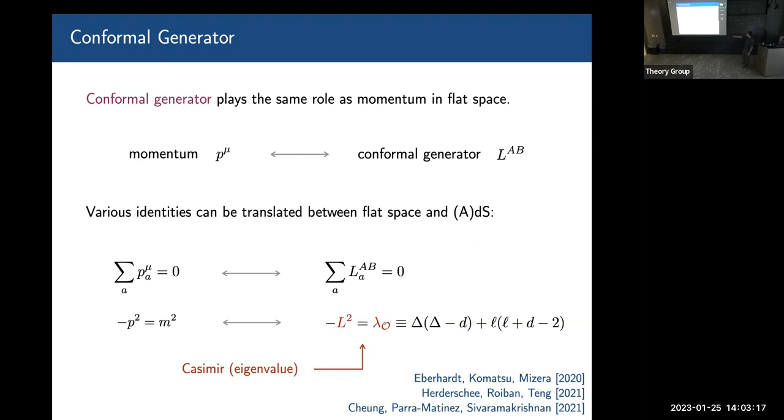If you take the square of this conformal generator, that basically becomes the quadratic Casimir of the conformal group. And when you act with this Casimir on some operator, it gives this eigenvalue, which depends on the dimension and the spin of the operator that you're acting on. So it turns out, in embedding space we have this nice analogy between amplitudes and the conformal structures, and you will see a lot more of these analogies throughout the talk.